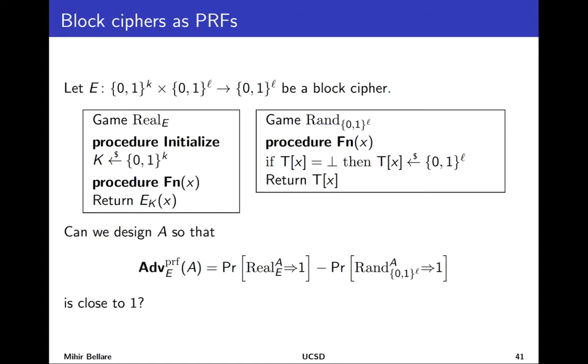It can give it an input x, which will be an l-bit string. In the real game, it gets back E under key k and x, where key k was chosen and initialized by the game at random but frozen and not given to the adversary. Remember, k stays static across all fn queries. There could be many such queries. In the random game, the adversary is just given back a random l-bit string as the response.